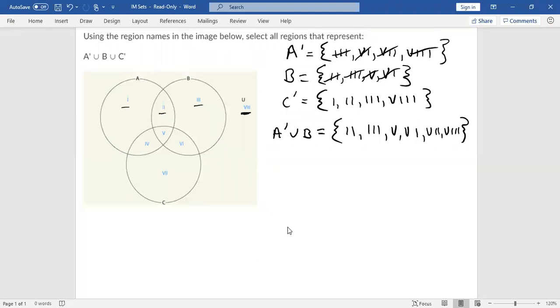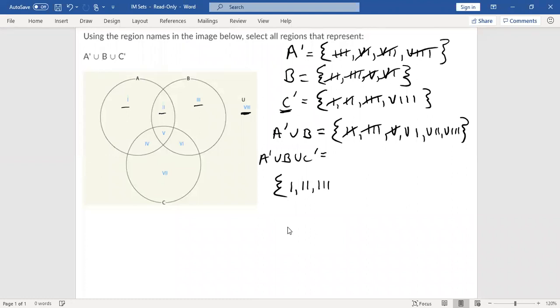Okay, so now we're going to join that together with the complement of C. So we have the complement of A union B, which we just did. Now we're going to join with that the complement of C. So remember, we're going to list everything when we join the two together. So that would be 1. They both have 2, but you only list it one time. They both have 3, and again, you only list it one time.